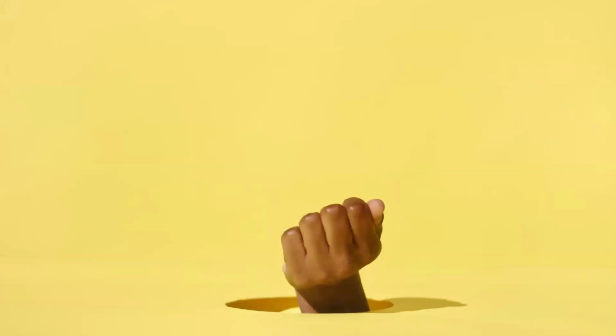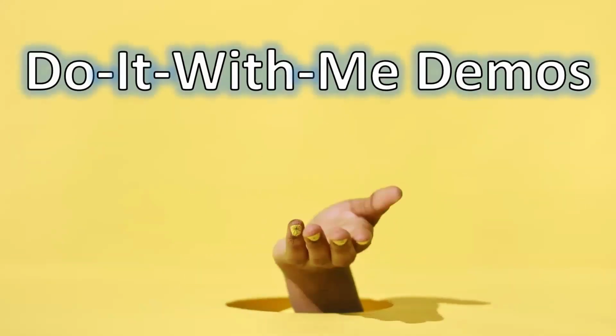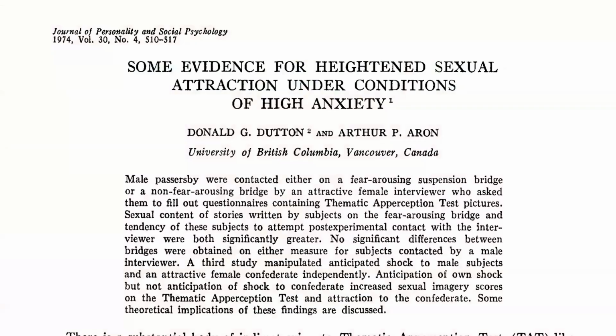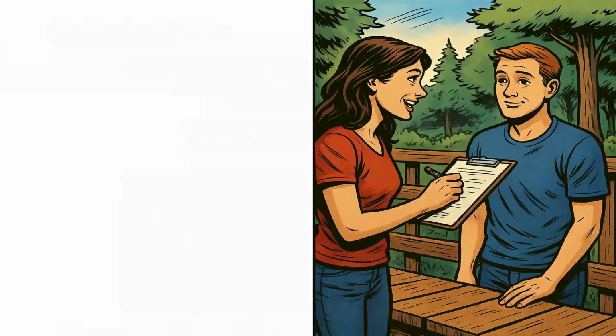All right, so let's get going with our first of the Do It With Me demos. So for this, we're going to go back to the Dutton and Aron, some evidence for heightened sexual attraction under conditions of high anxiety. So this is a 2-sample t-test because in this study, just to refresh your memory, they were interviewing subjects while they were crossing 2 different types of bridges.